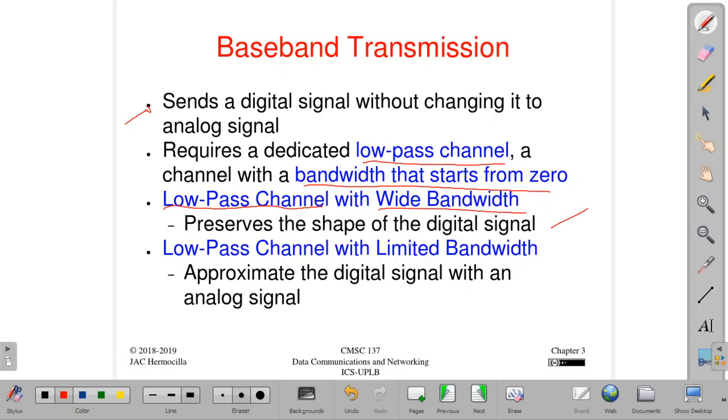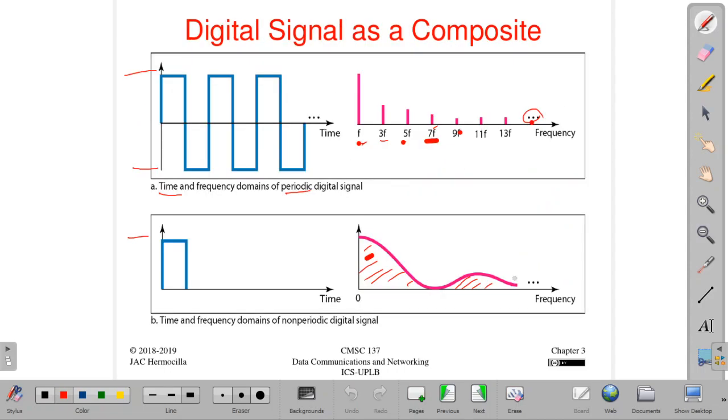Whereas if you have a low pass channel but with limited bandwidth, we can approximate the digital signal with an analog signal. So you have to recall the definition of bandwidth, right? If we're going to consider this, the bandwidth is actually from here to here. But since this is a digital non-periodic signal, the bandwidth is actually infinite.